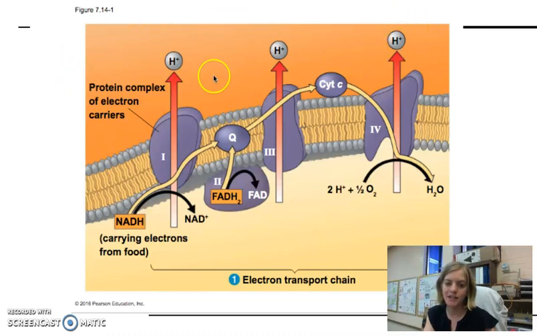They're just kind of stuck in this membrane for now. So this side of the membrane gets a big positive charge, which is going to be the driving force for the next step. Also note, FADH2 comes in a little bit lower compared to the NADH electrons that are carried, so that's why FADH2 produces slightly less energy than the NADH molecules, if you read that.